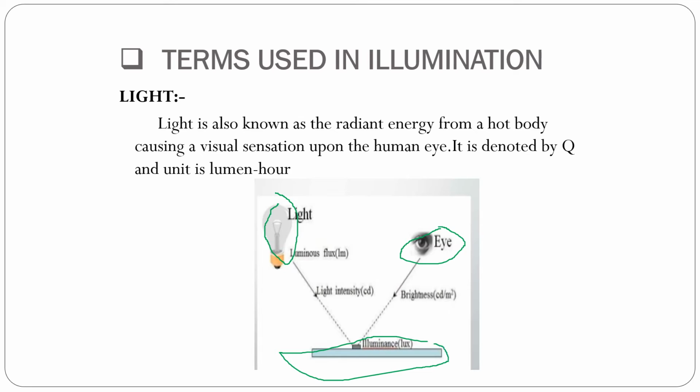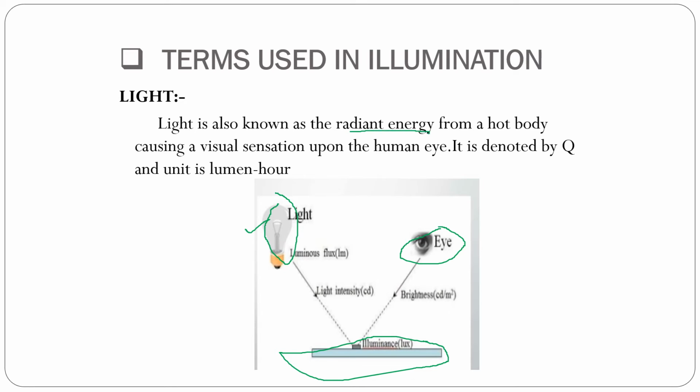So always remember, we require three things. First, the source of light. Second, the surface, you can say the working plane. And third, the human eye. Light is also known as radiant energy, which we explained earlier.